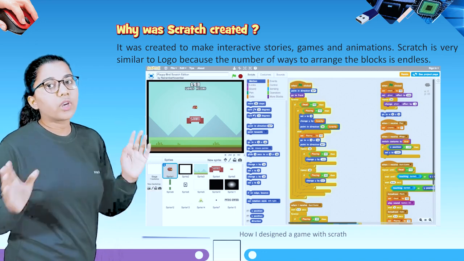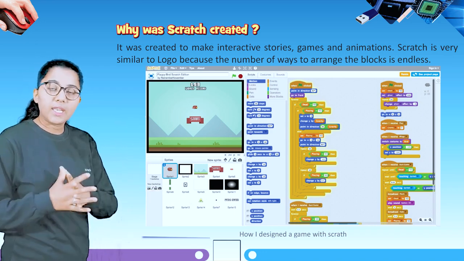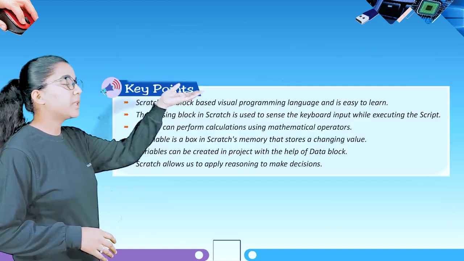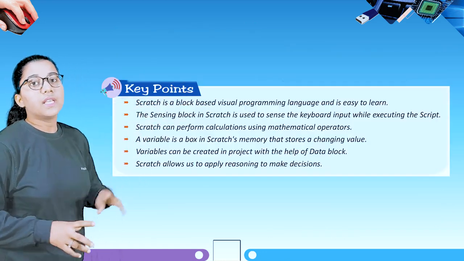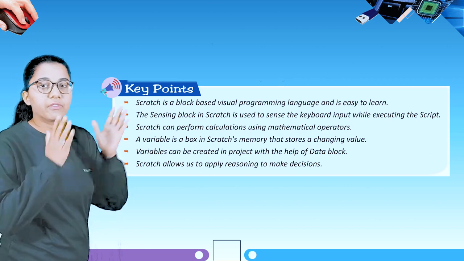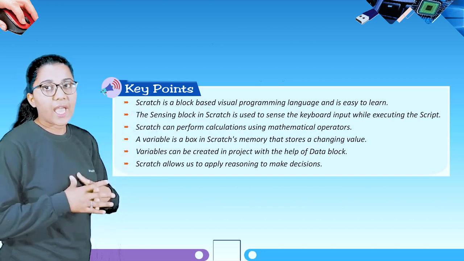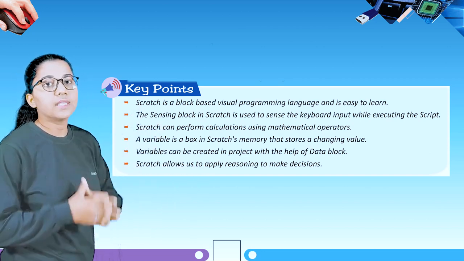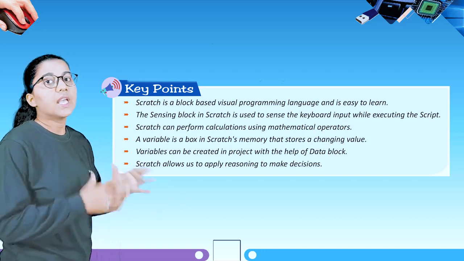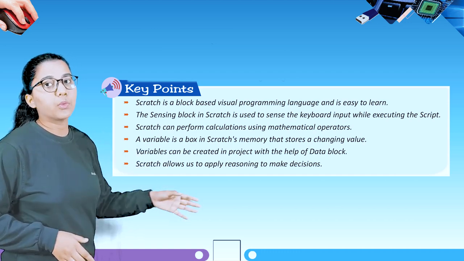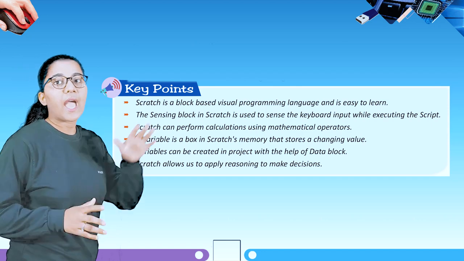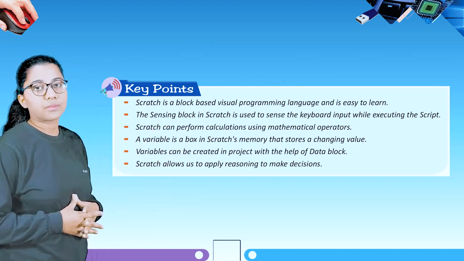So students, what we have learned in this chapter, let's have a quick look at some key points. Scratch is a block-based visual programming language and is easy to learn. The sensing block in Scratch is used to sense the keyboard input while executing the scripts.